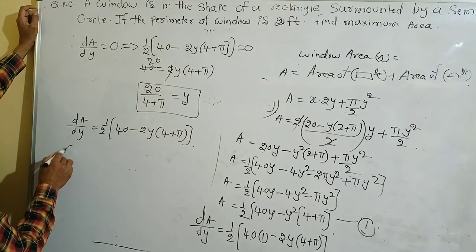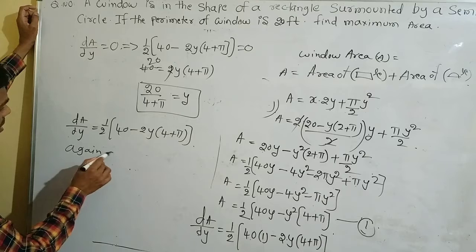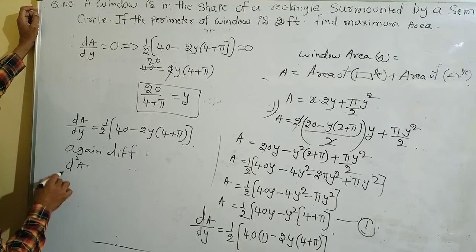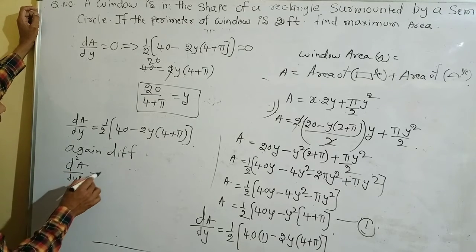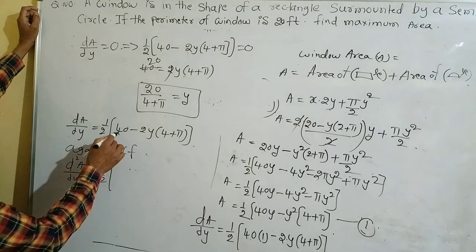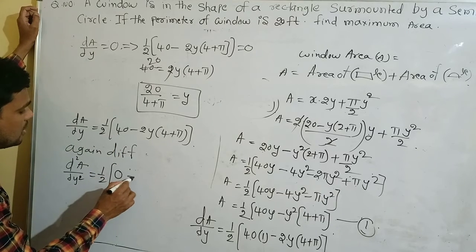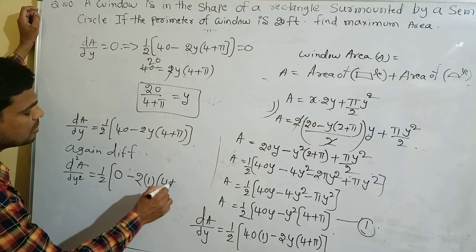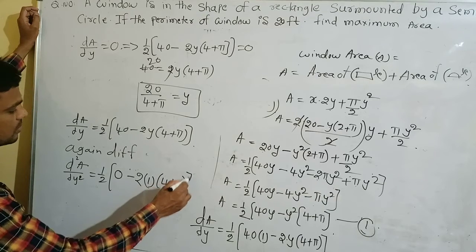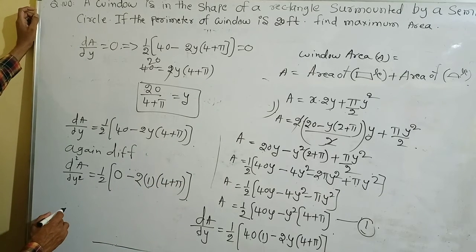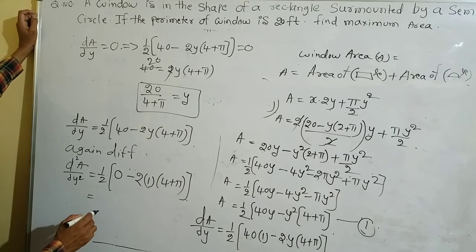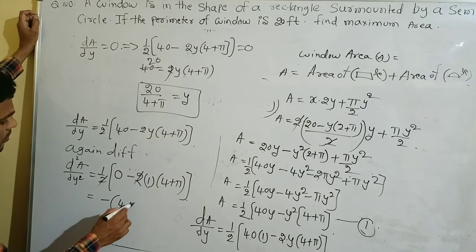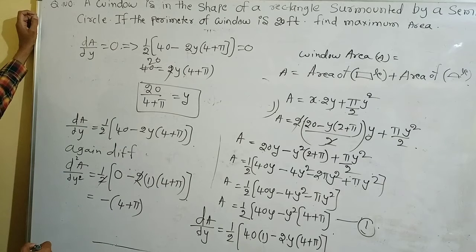Here again differentiating, d square A by dy square equal to 1 by 2 of 40 differentiation 0 minus 2 into y differentiation 1, (4 plus pi) constant. That is, 2 cancel, minus of (4 plus pi).